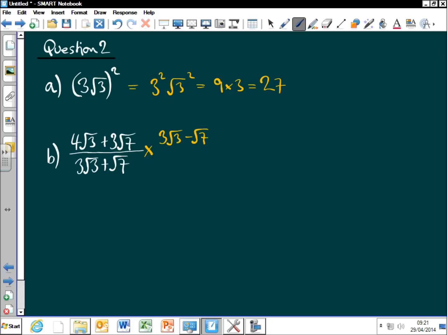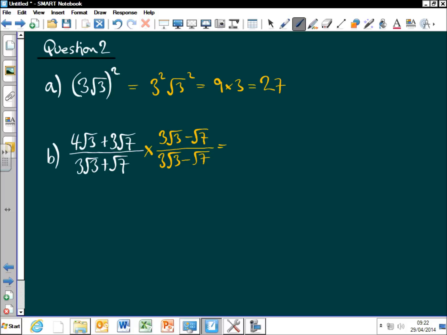So it's the same as the denominator that we have, except the sign has changed. And we write the same on the bottom, so that it's actually the same on the numerator and the denominator, so it's just 1. So I'm multiplying by 1, so it doesn't change the fraction, except when I multiply it out, we'll see that we get rid of the surds on the bottom. So let's first of all do the top.